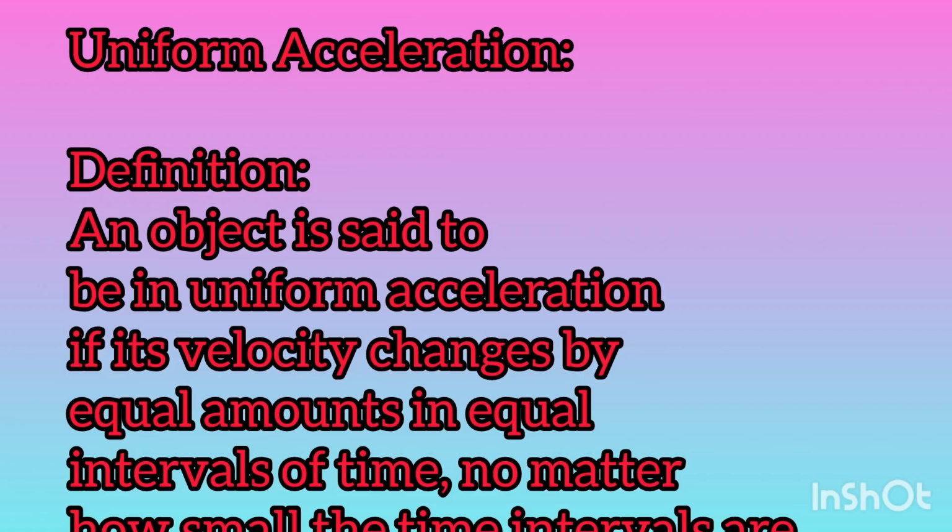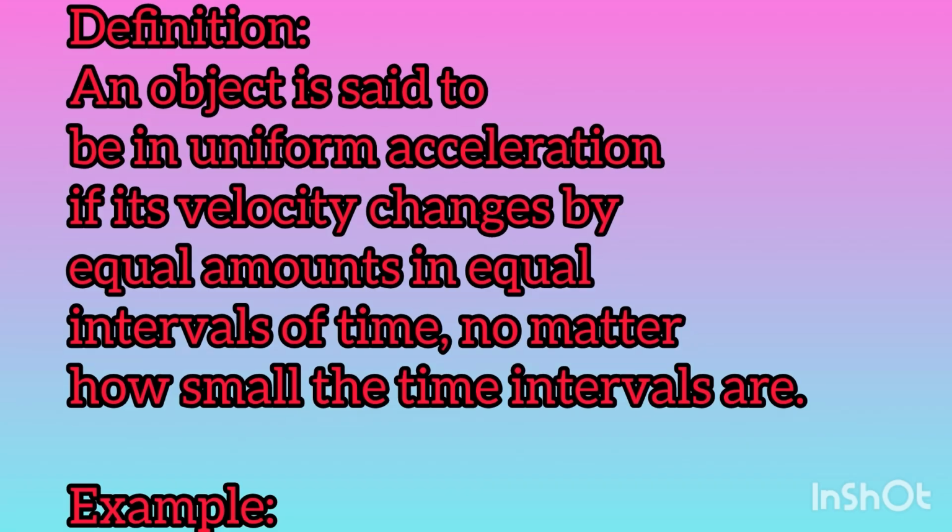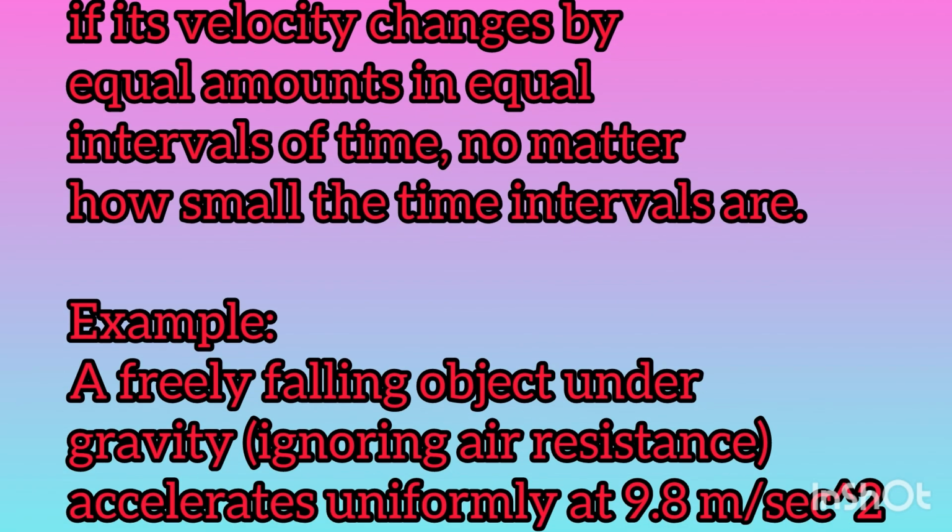Page number 77, in-text question: when will you say a body is in uniform acceleration, and the second part is non-uniform acceleration. So first part, uniform acceleration. An object is said to be in uniform acceleration if its velocity changes by equal amounts in equal intervals of time, no matter how small the time intervals are.